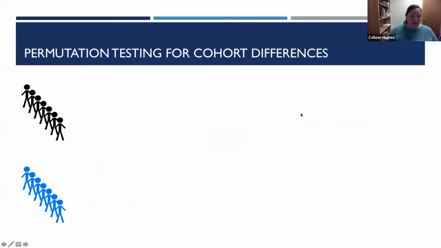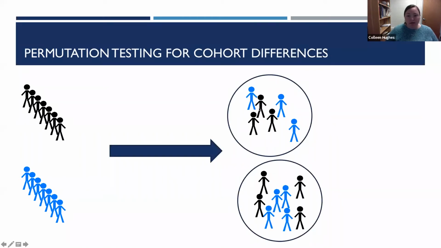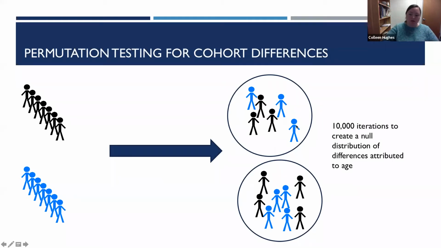So what this looks like in brief is we have our group of young and older adults, and then we shuffle them, because if we think that age is the distinction that's really driving these effects, then by shuffling the group assignments but preserving the group sizes, and then recalculating the difference, the t-value in the age difference and the correlation, we should create a null distribution if we shuffle this over and over, and then we can test the significance, the extent that our data is unlikely compared to chance.